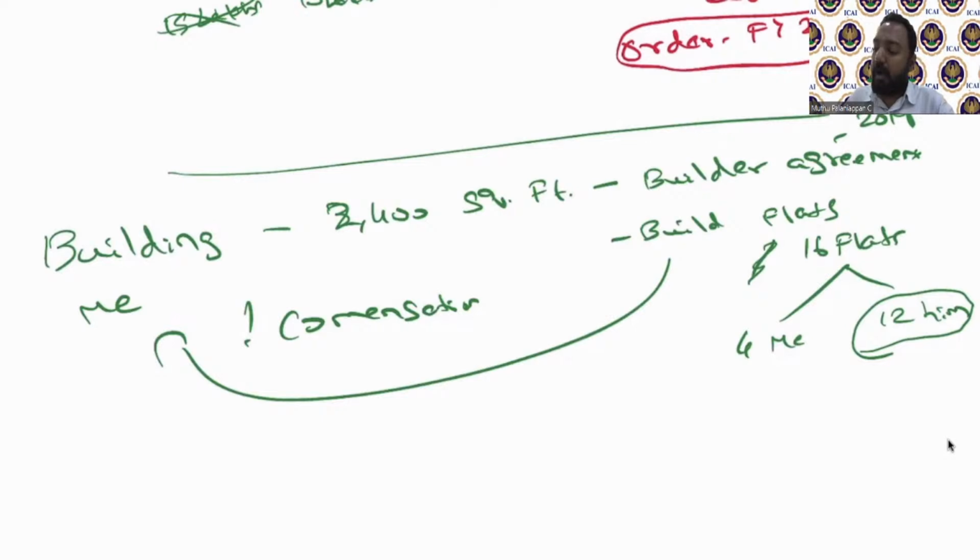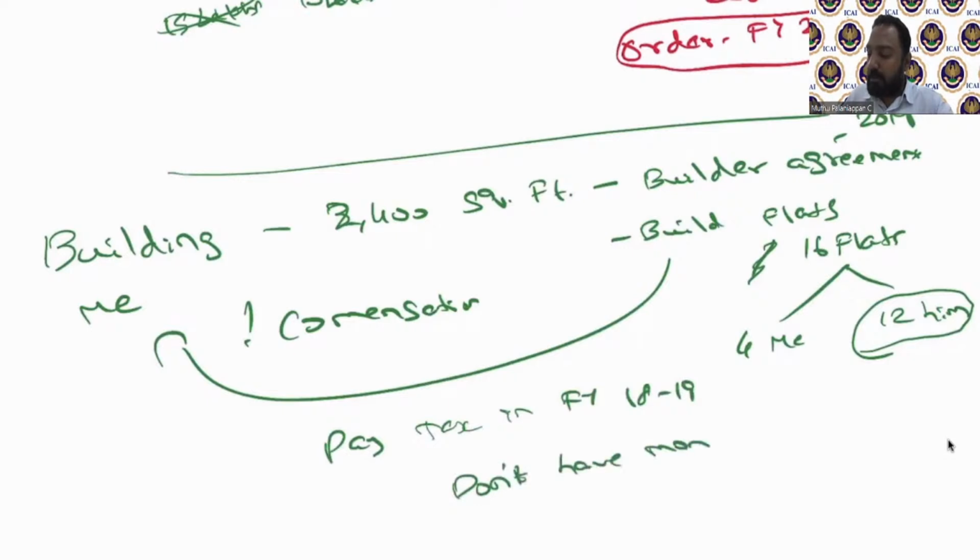If the government wants me to pay tax in financial year 18-19, it is very difficult because I don't have money, because it is not settled.